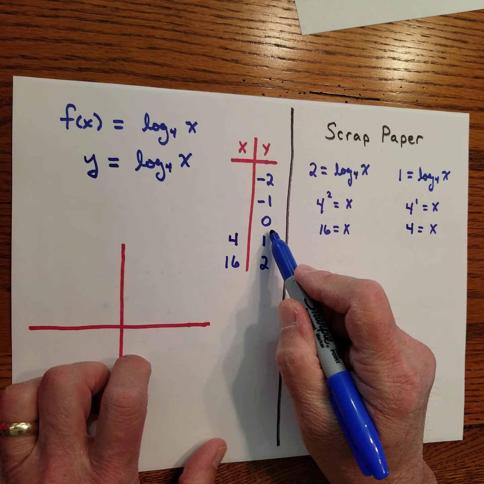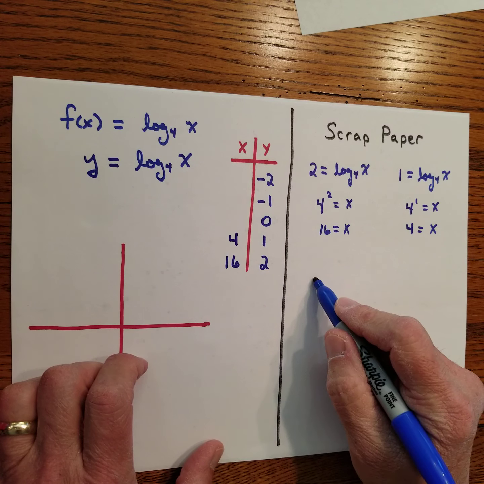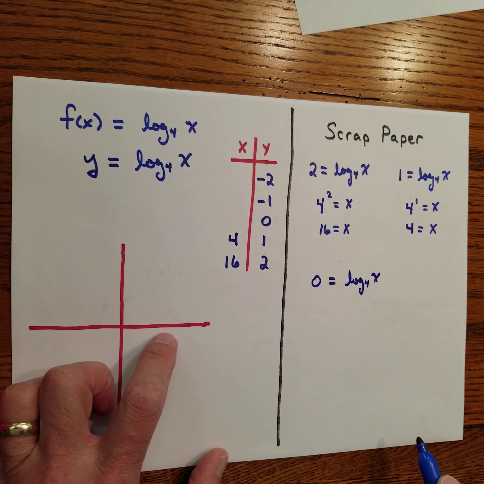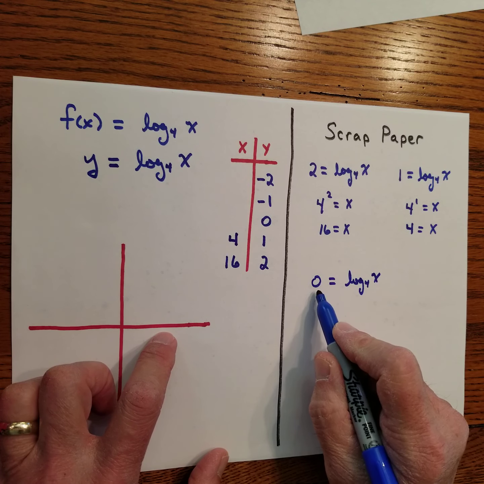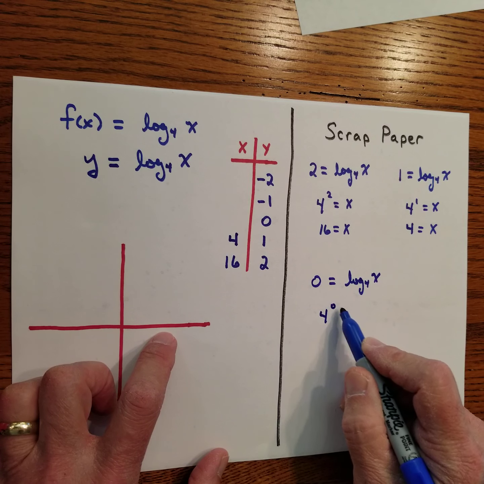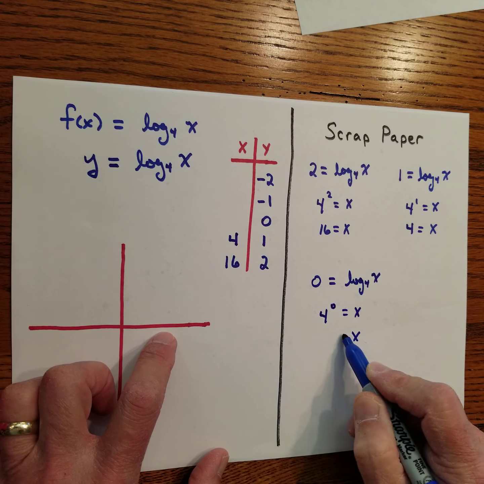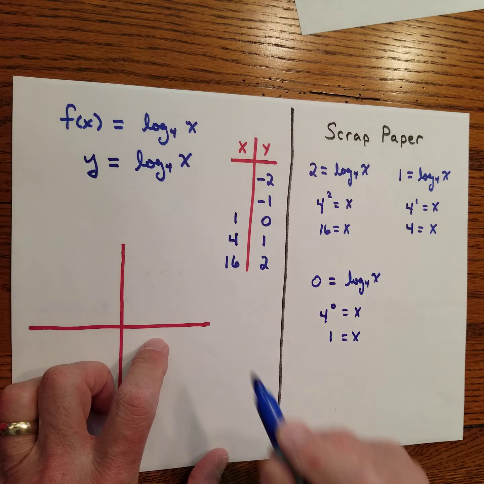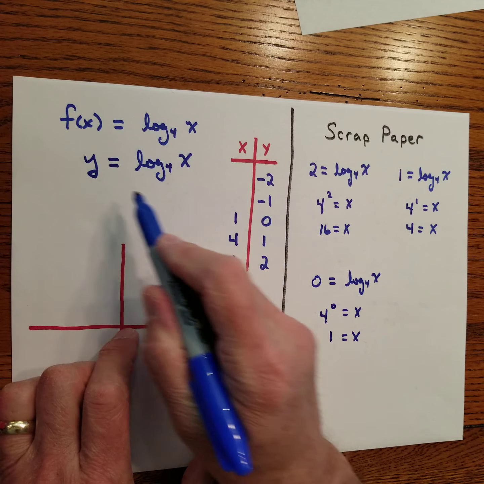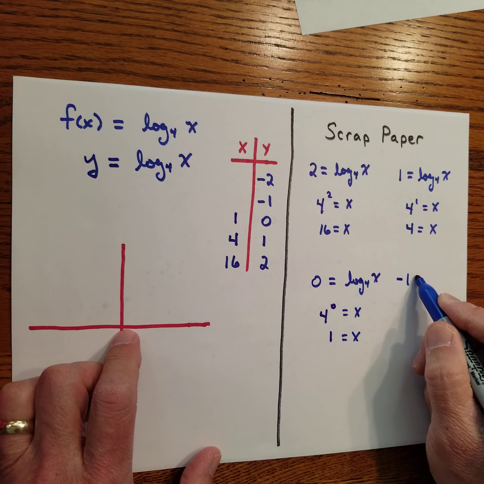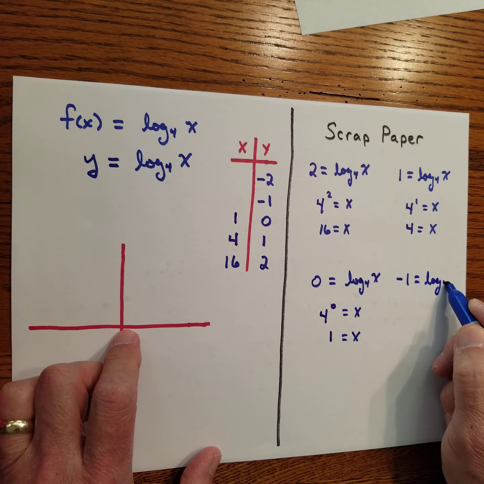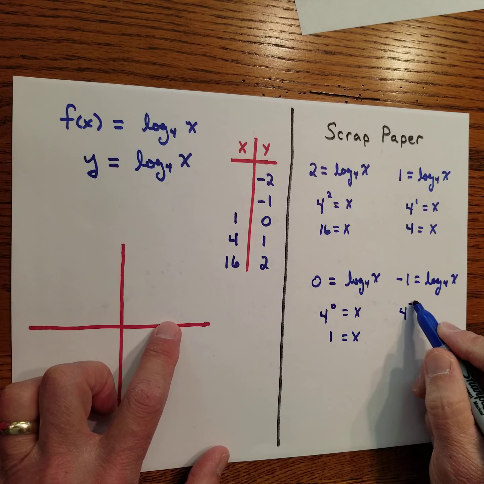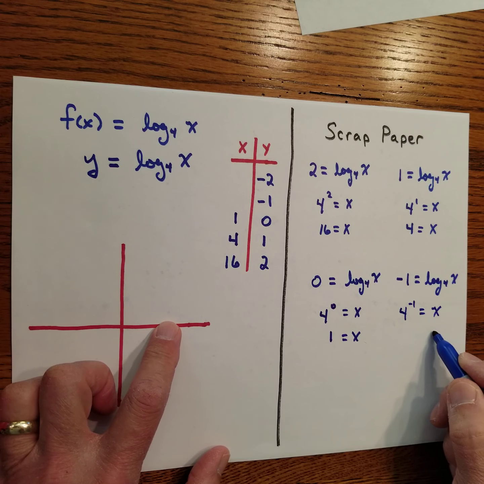Let y be 0 and plug it in here. And 0 equals log base 4 of x, which means 0 is the exponent that changes 4 into x. Anything to the 0 power, that's 1. When y is -1, I get -1 equals log base 4 of x, which means that -1 is the exponent that changes 4 into x.